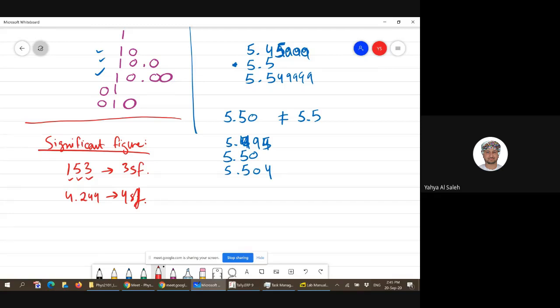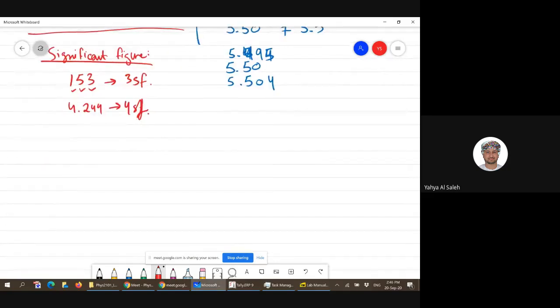What about zeros? Zeros have different rules. This number still has only 1 significant figure, because it doesn't matter how many zeros I put on the left, it still says 1.